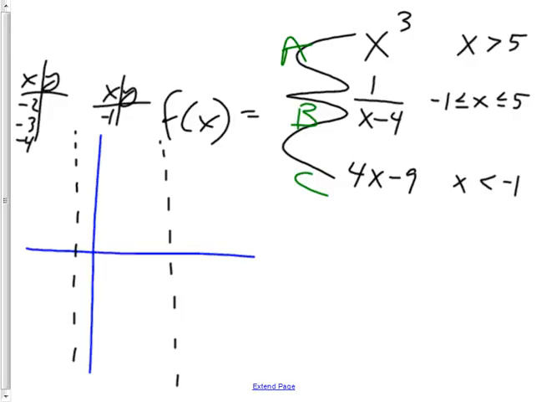Okay, like -1, maybe 2, 3. Sure, anything between -1 and 5, and maybe 5. So you'd pick a bunch of things there. And then the last one, I'd have an XY chart for it, and I'd only pick numbers that are bigger than 5, like 6, 7, 8, etc.